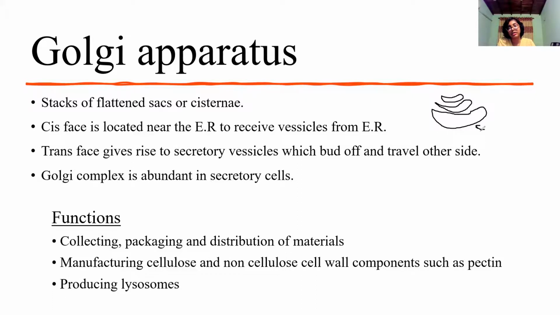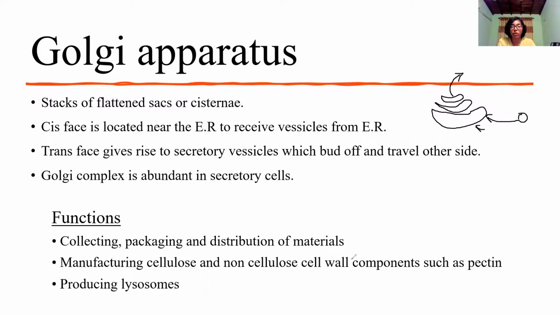They have abundant secretory cells. Their function is to collect, package and distribute materials. As I said, vesicles from rough endoplasmic reticulum containing the proteins come here. They collect them, package them inside, and then create their own vesicles and transport.